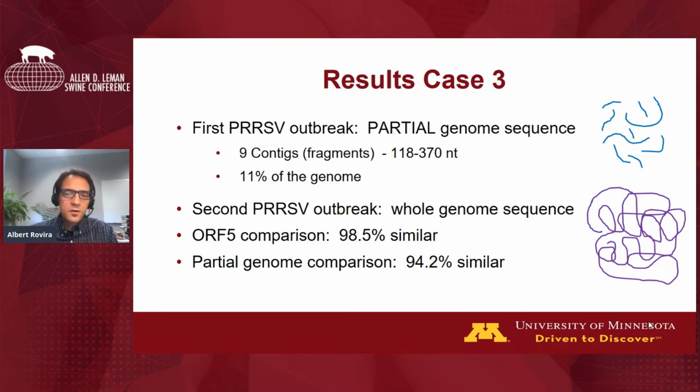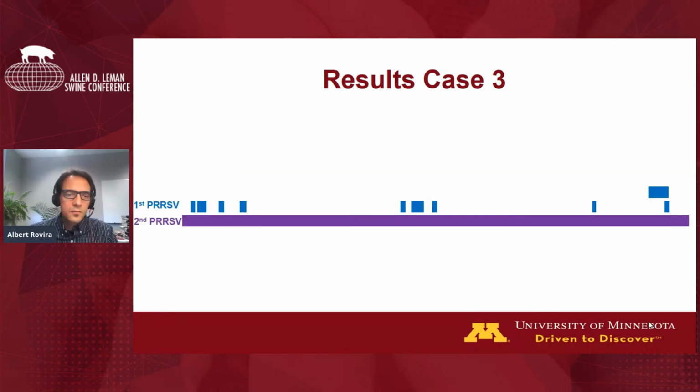But now it's very important to know where these fragments are. And so I'm going to show you here. At the bottom, you have the whole genome of the second outbreak PRRS virus in purple. And the top, you have the fragments and where they match the genome, the fragments that were obtained for the first outbreak.